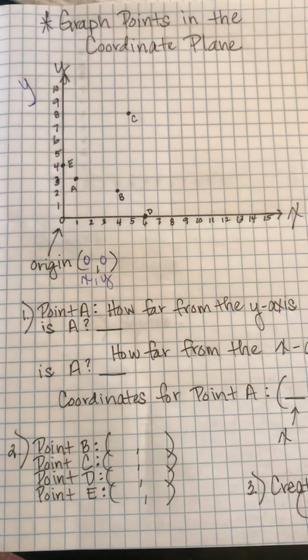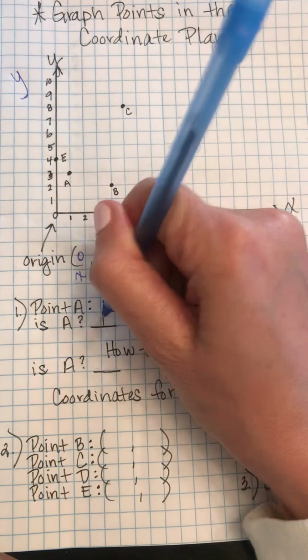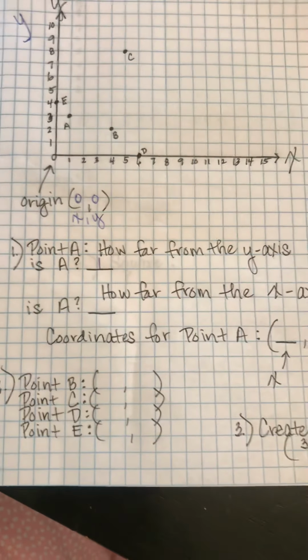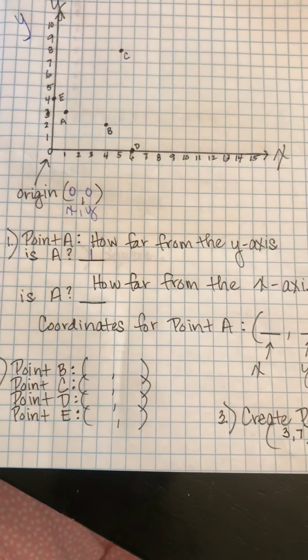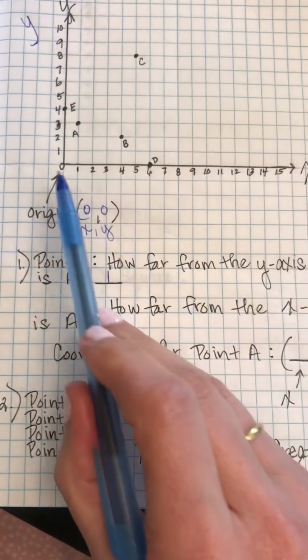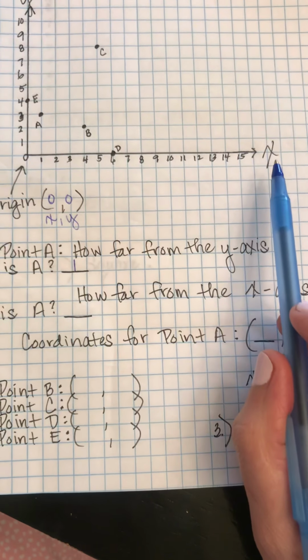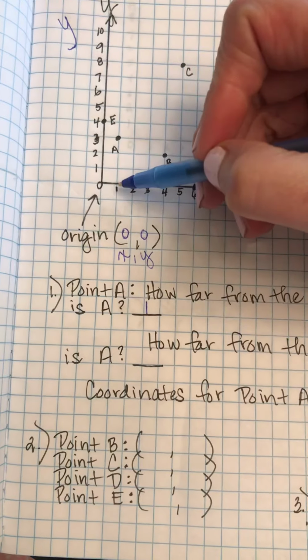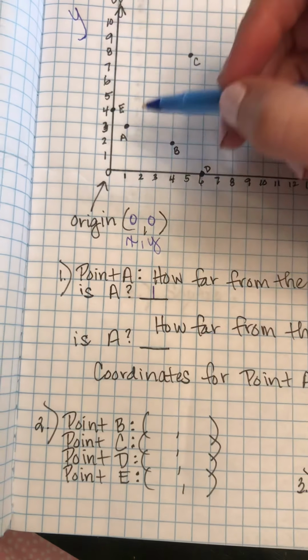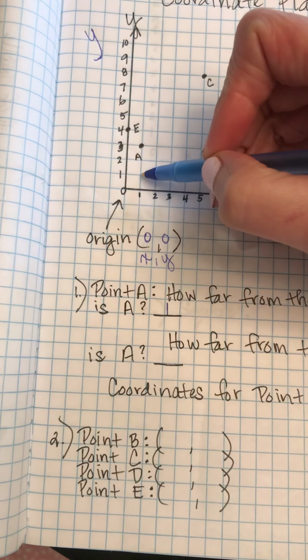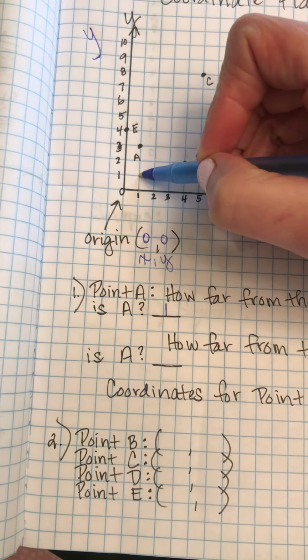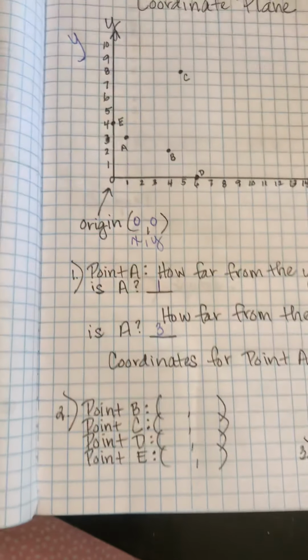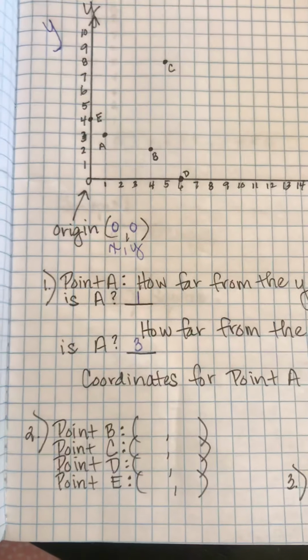So the answer to that would be 1. The next question says, how far from the x-axis is A? So here's our x-axis, the horizontal one. And how far up from the x-axis is A? So it is 1, 2, 3. So we are 3 spots away from the x-axis.